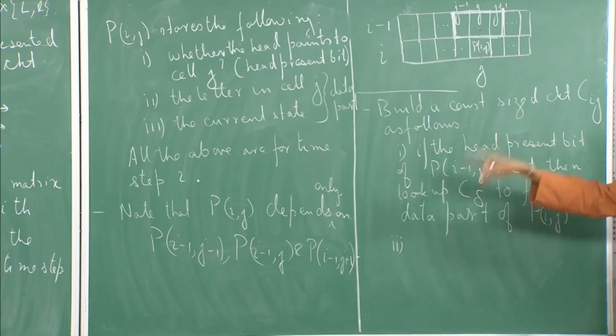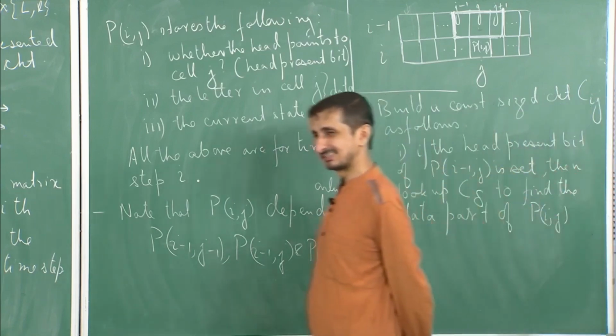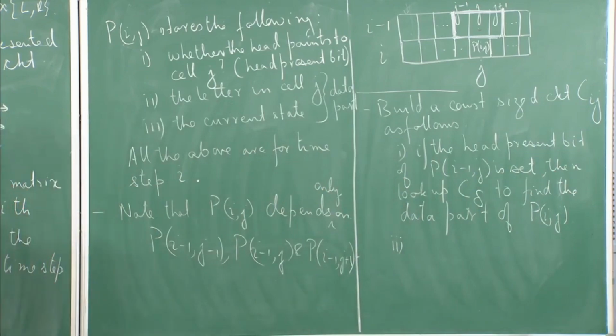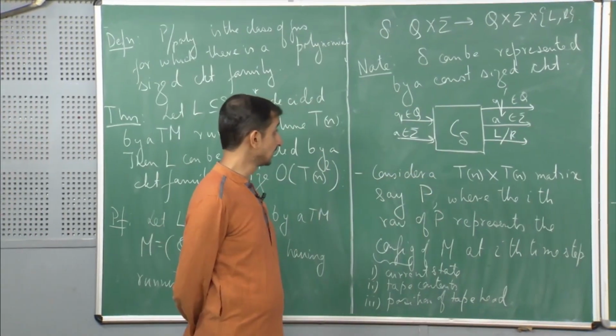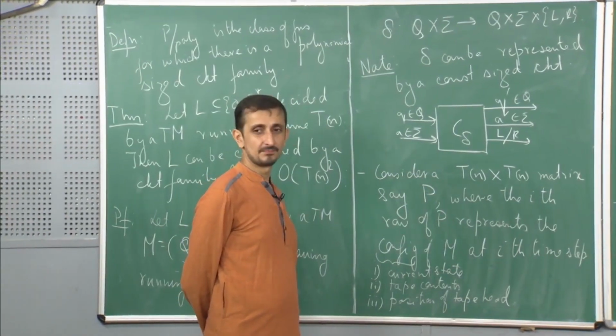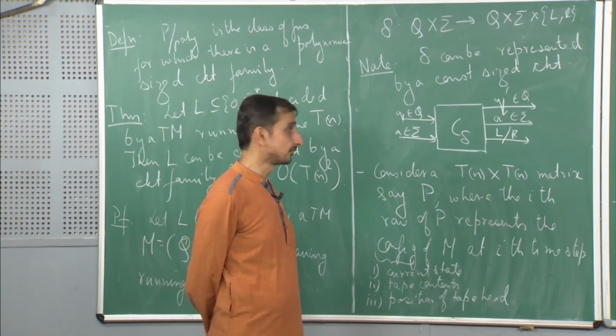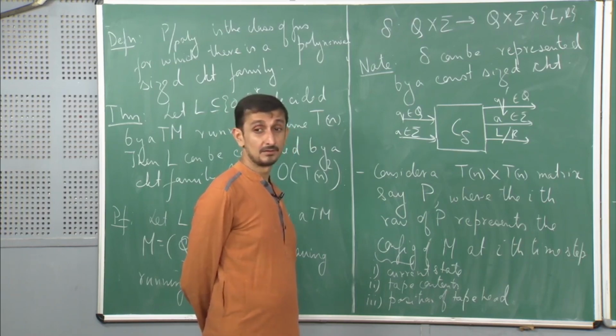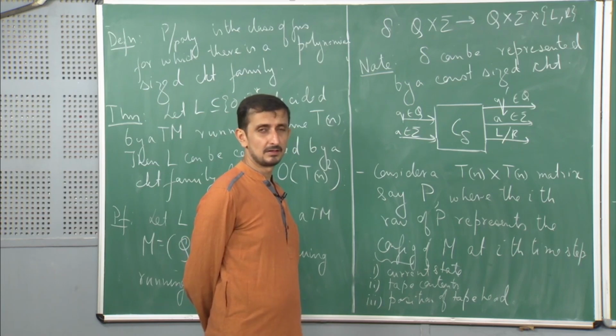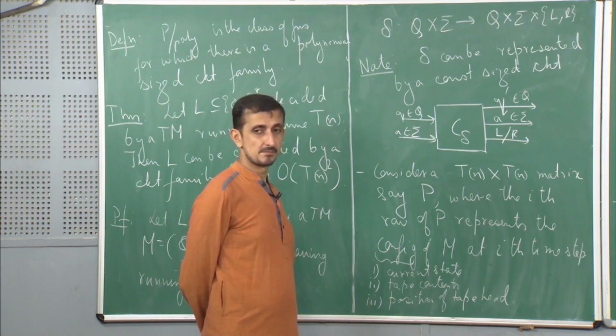But what about the head present bit of Pij? Say it again. So, if the C delta gives me left, C delta on what? Of what? On whatever the Pi minus 1j contents are, if on that content the C delta outputs left, then the Pij content remains intact.